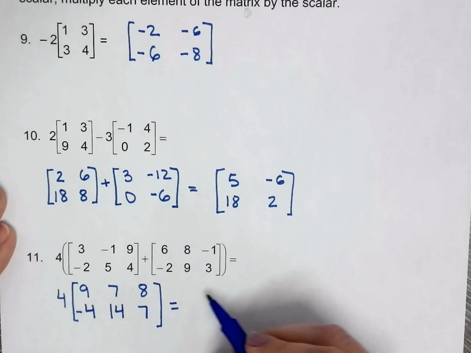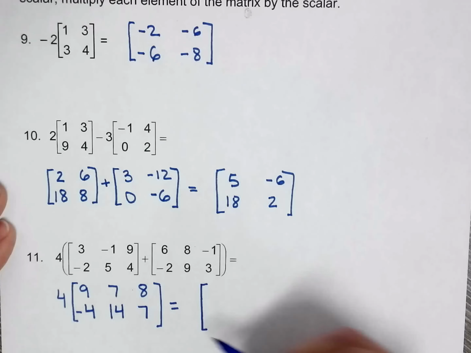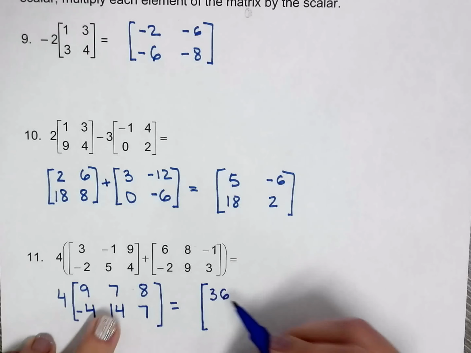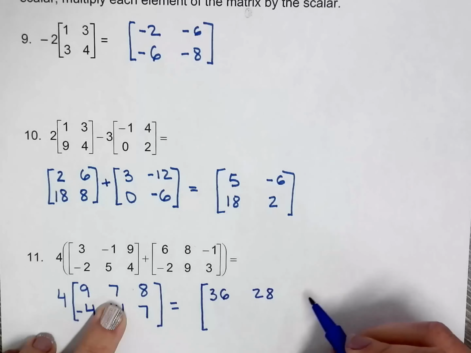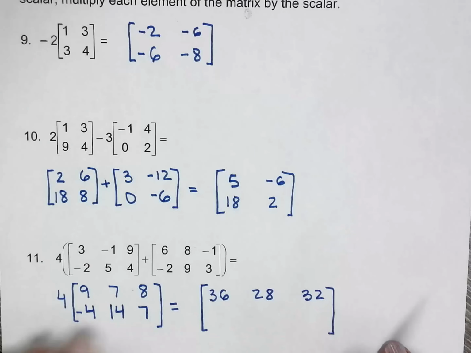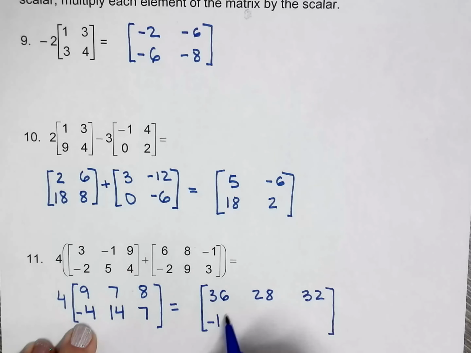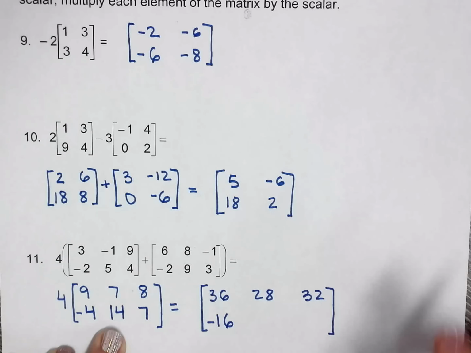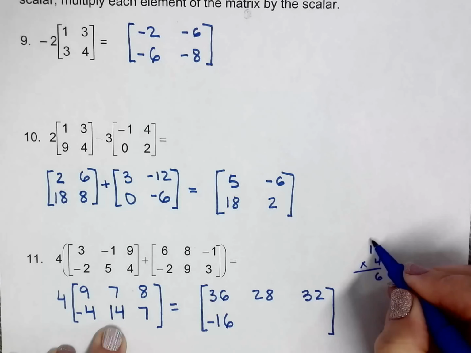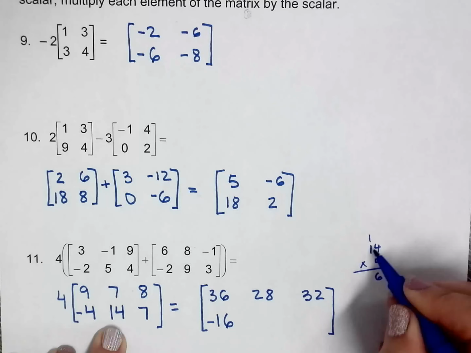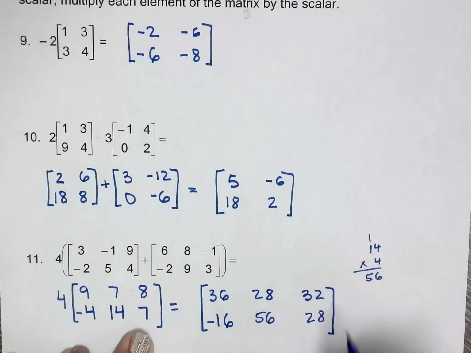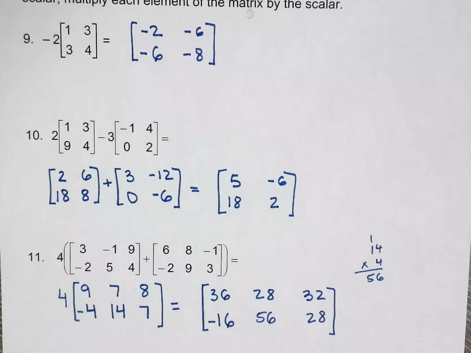Now you multiply everybody by 4. So we have 36, 28, -16, 4 times 14 is 56, and 28. Voila. I hope this helps.